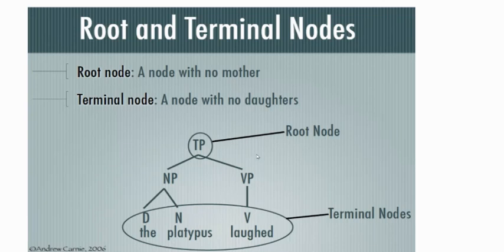I'm just telling you basic terminology, which is important to know. But please, this is just a representation to show you what is root, what is terminal, what is a daughter, what is sister. Later, this generalization is going to expand.